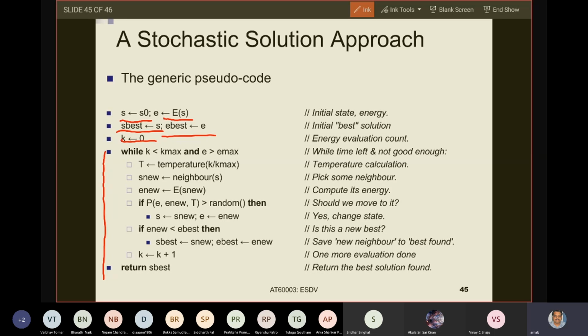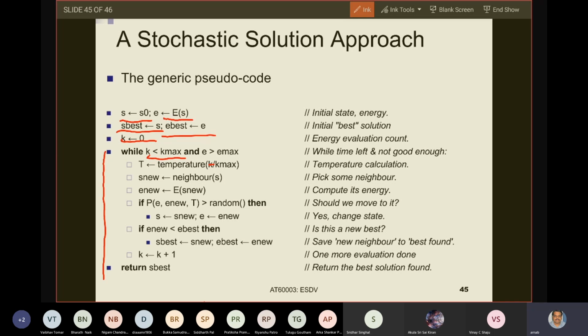Either until the maximum number of iterations has been surpassed, or you have already got a solution for which E is less than or equal to E max. E max is the worst acceptable solution cost. That means it is the biggest software execution cost that I can accept.